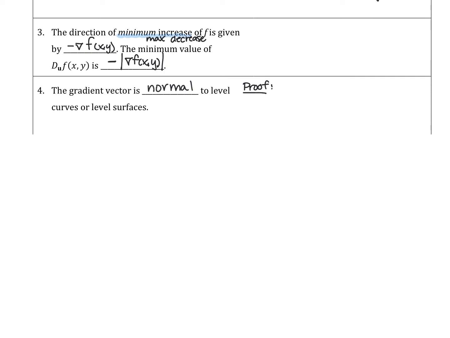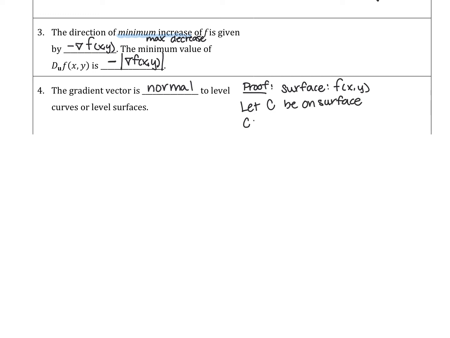So let's define for our proof our surface to be the equation f(x, y). And we're going to let C be a curve on the surface, some curve on the surface.